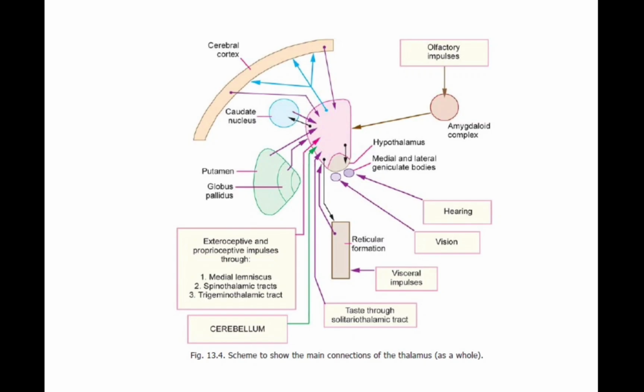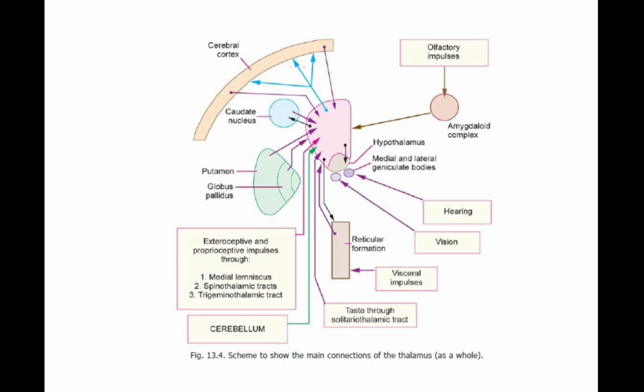Every blue arrow going up here is the thalamus sending processed information to different cortex areas for thinking, feeling, moving, etc. The basal ganglia is nothing but the caudate nucleus, putamen, then the globus pallidus, for movement control.